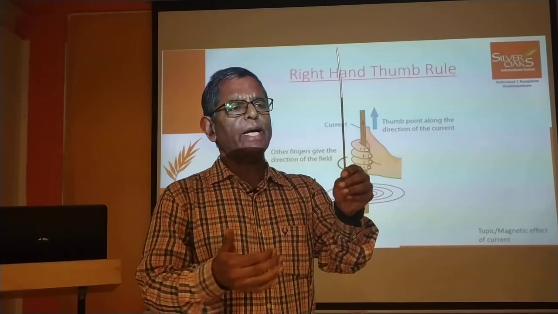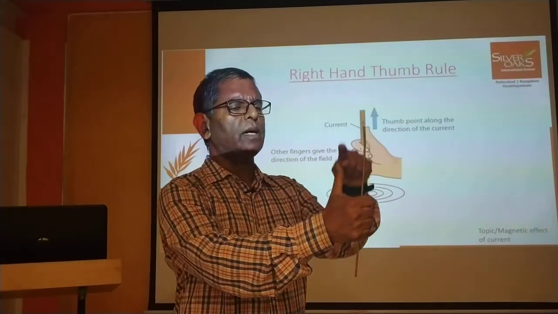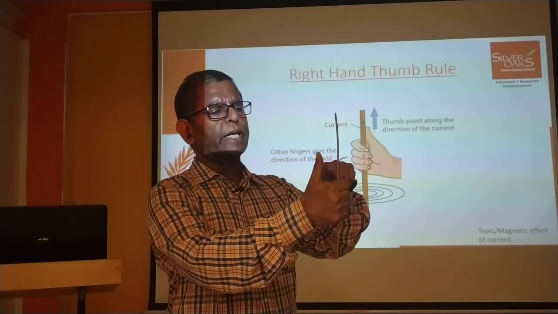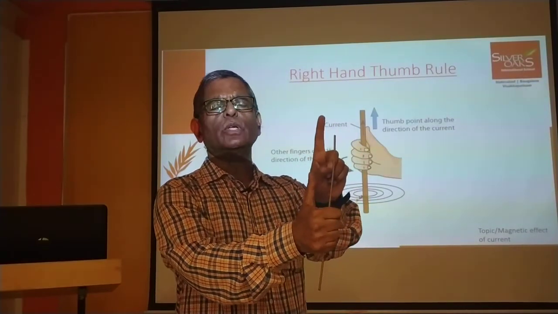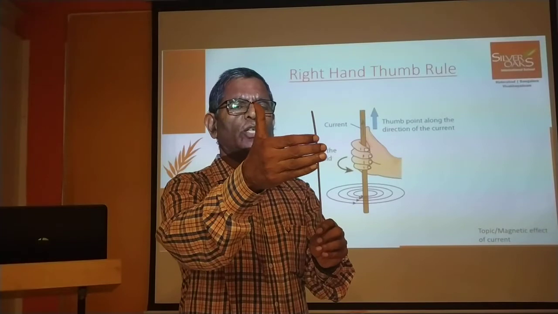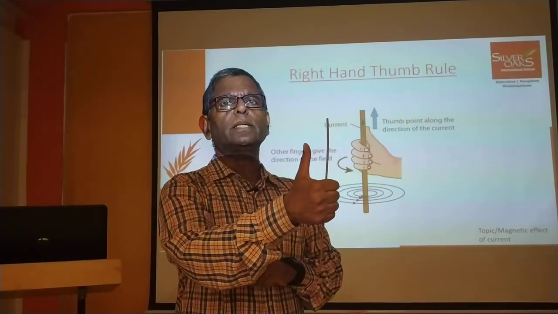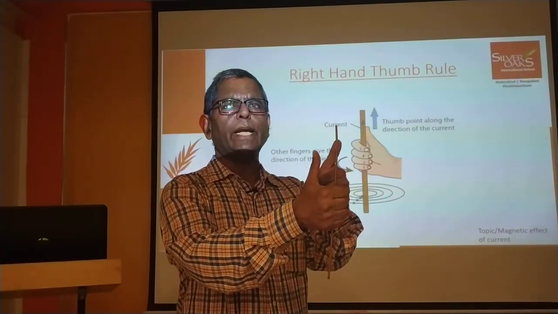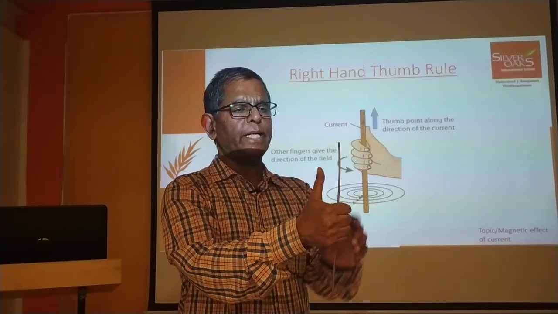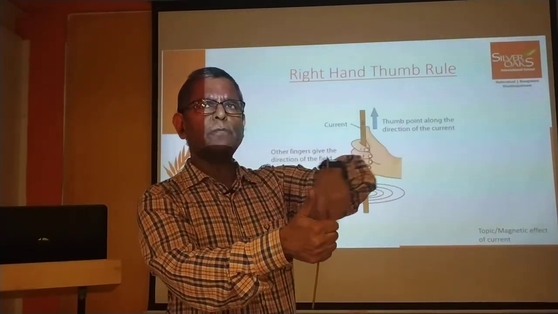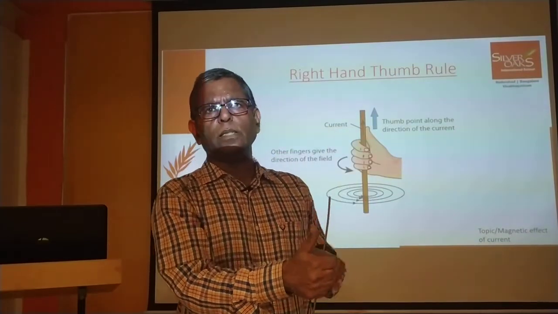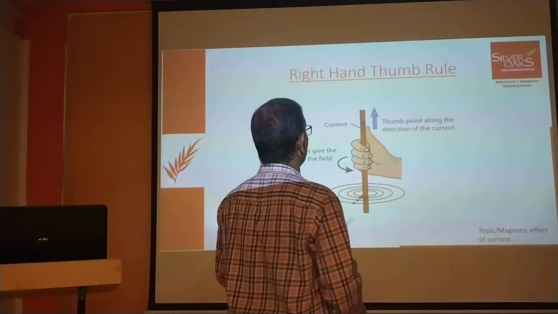Hold the wire, and your thumb indicates the direction of current, and your fingers will indicate the magnetic field lines. If the current is flowing like this, the magnetic field lines are in this particular direction, which we call anti-clockwise. This is exactly what is shown.